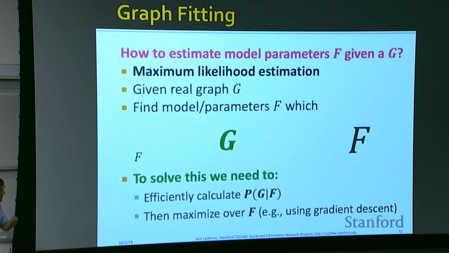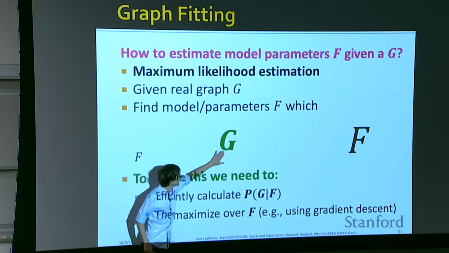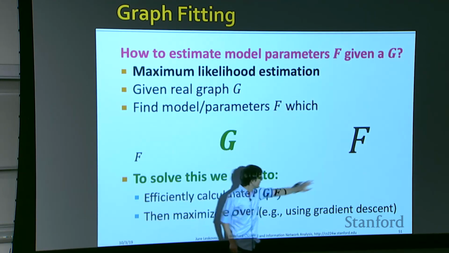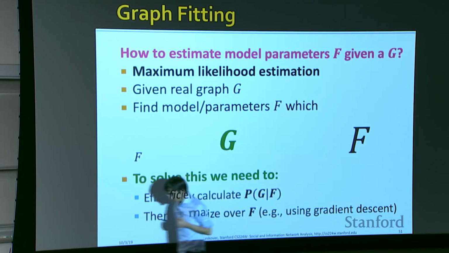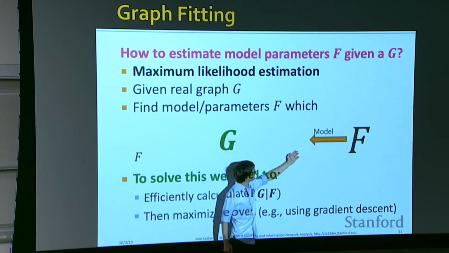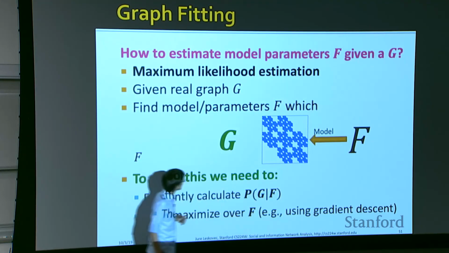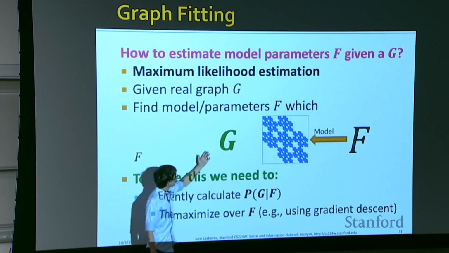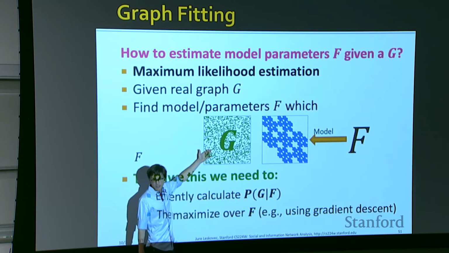The way I will do this is to apply what is called the maximum likelihood principle, where I say, I'm given a real graph, and my goal is to find model parameters such that if I take my model and use it to generate a graph, then the graph I have generated is as similar as possible to the real graph.